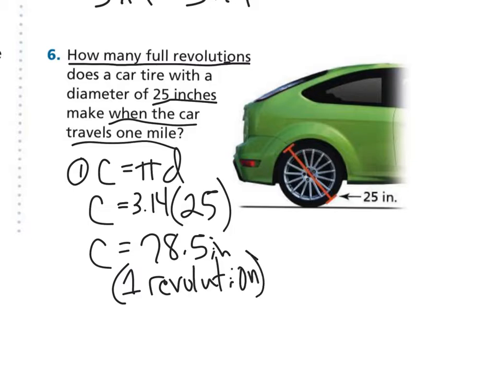So that tells us for 1 revolution, each time the wheel turns all the way around, it's going 78.5 inches.